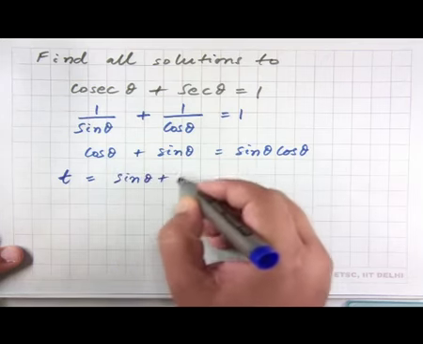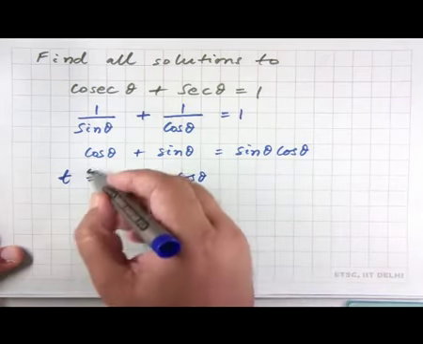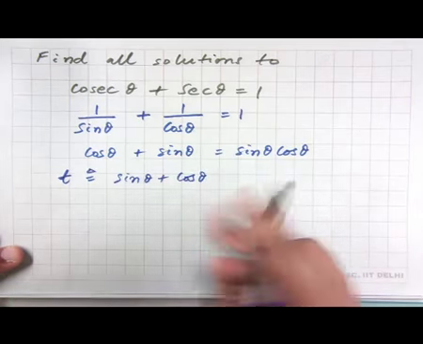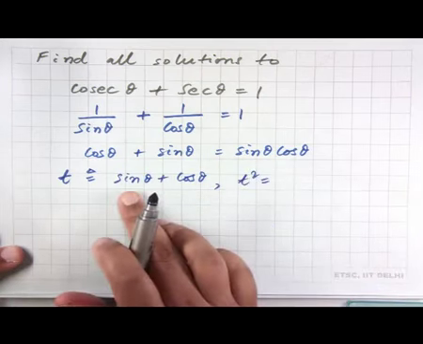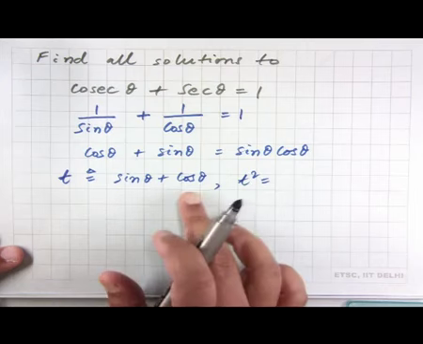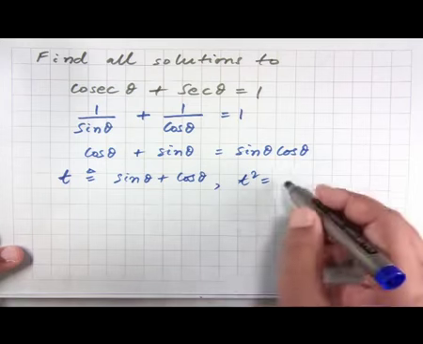sin theta plus cos theta. This is a newly defined variable, and then you will see that t square is sin square theta plus cos square theta plus 2 sin theta cos theta.